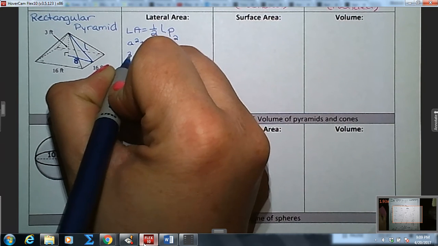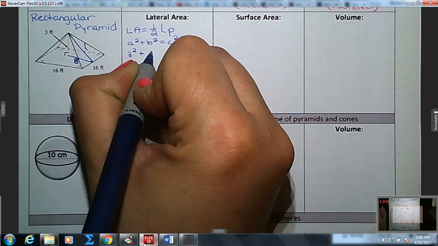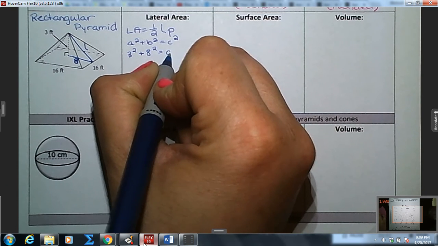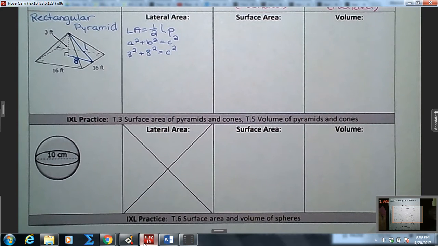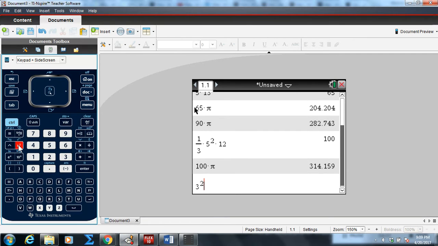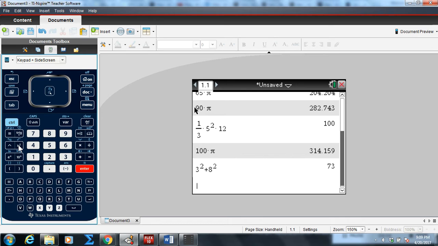A is the short piece, 3, B is the medium piece, 8, and C is the hypotenuse, which is what we're trying to find. 3 squared plus 8 squared is 73. We've got 73 equal to c squared.